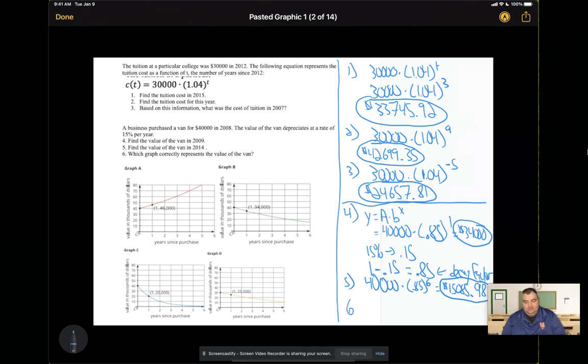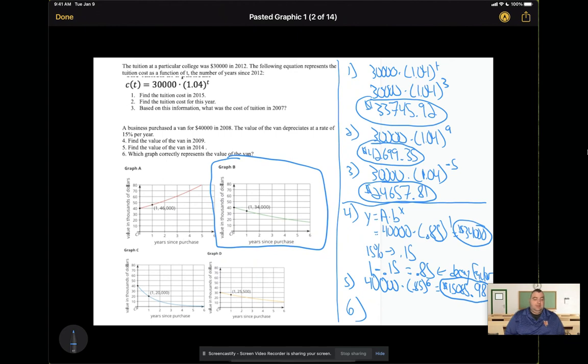Number 6, which graph correctly represents the value of the van? Well, the key in this case was we figured out at number 4 that after 1 year it had a value of $34,000. So the only graph that shows a value of $34,000 after 1 year is this graph right here.